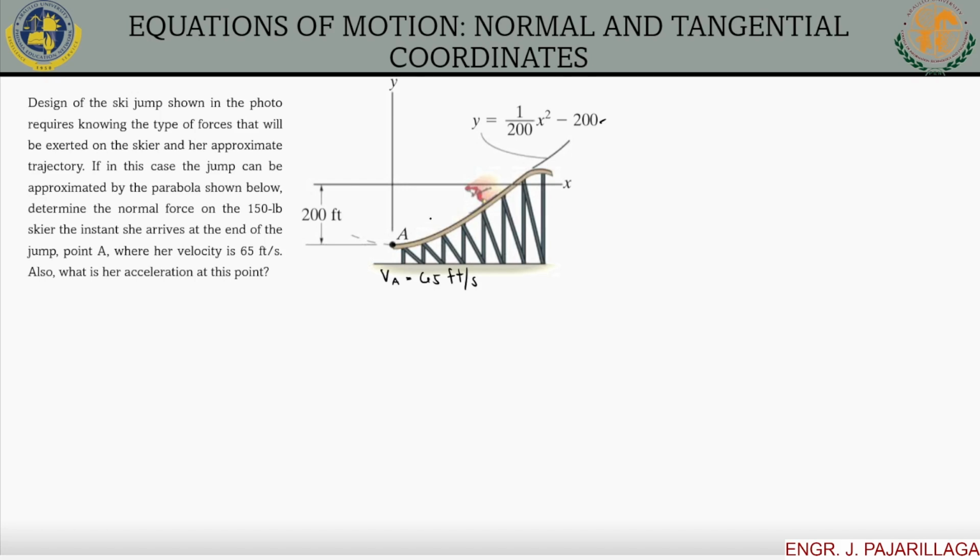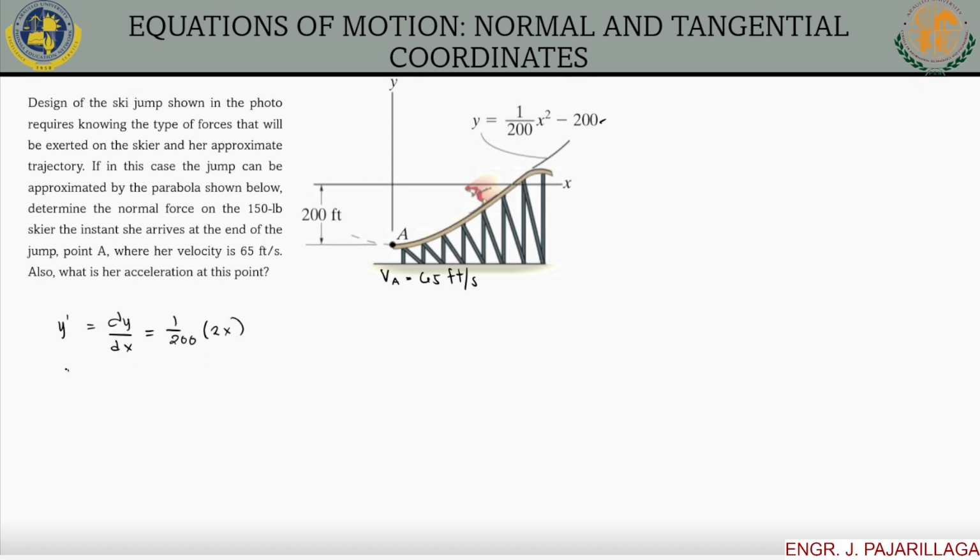Okay, so hanapin muna natin yung slope at this point to determine the components of the motion. So to determine the slope, that should be y prime. Okay, and y prime now is equivalent to the derivative of y with respect to x, and that would be in our case 1 over 200 times 2x.